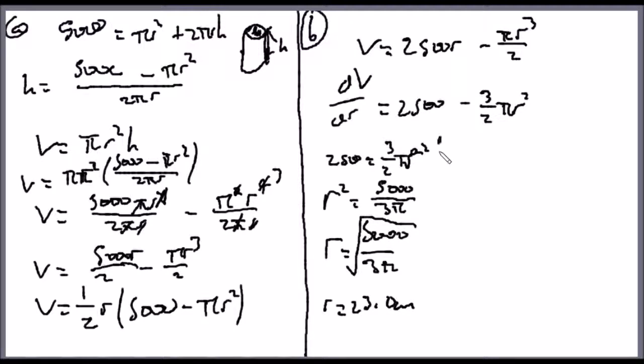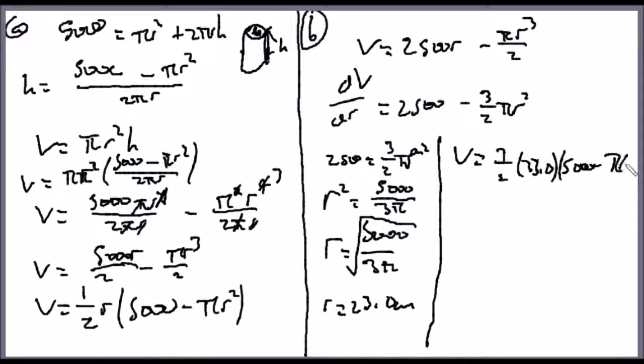But it actually asks for the volume. So we use our result over here to find this. So V equals a half times 23.0 multiplied by 5,000 minus pi times 23.0 squared. Sorry about that, that is really not great handwriting there.